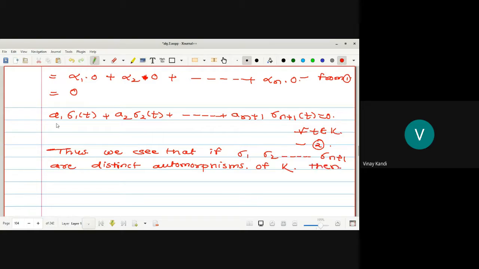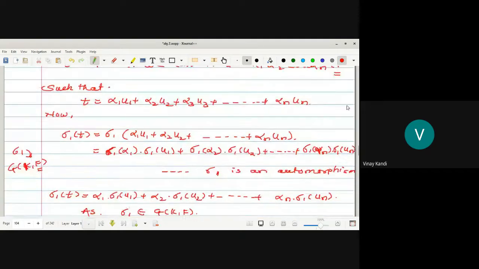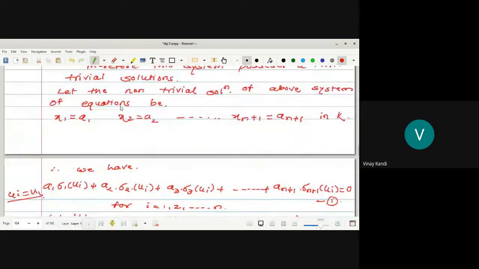These are the non-trivial solution. If trivial, we would have taken 0. Look at here, x1 is equal to a1, x2 is equal to a2. These are the non-trivial solution, that means other than 0.